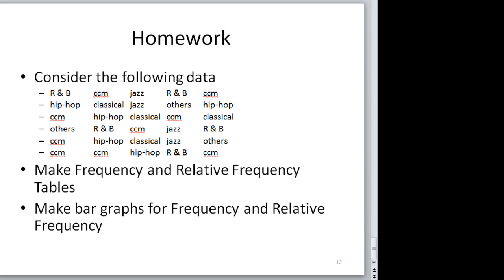So this is also due October 6th, before October 6th. So again, I'm going to set up a Dropbox, and in the Dropbox, you can either do it in your notes and take a picture, or scan it and put it in the Dropbox.